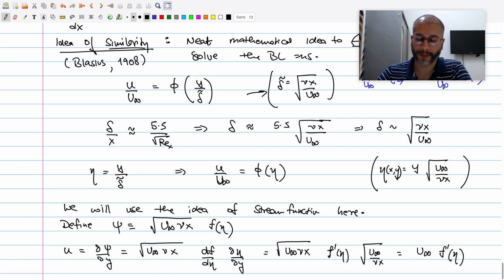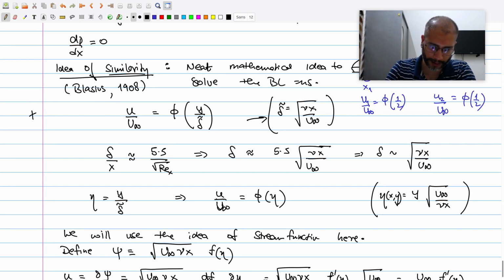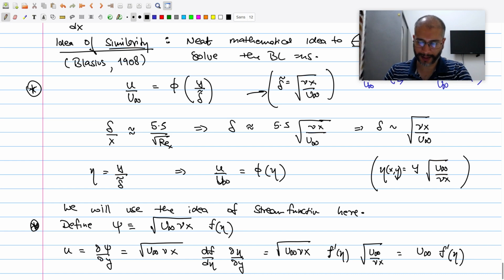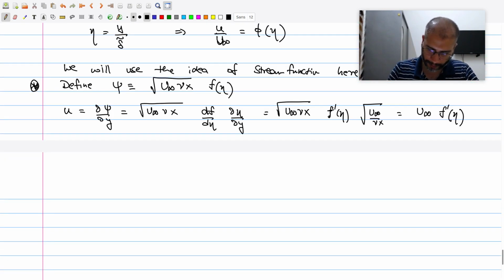And we've got something very interesting here. The idea of similarity was what I proposed, which works as we have seen from experiments. This proposed psi function satisfies the idea of similarity, as we just have seen. What have we got? We've got u as u infinity times f prime of eta, so u upon u infinity is f prime of eta.